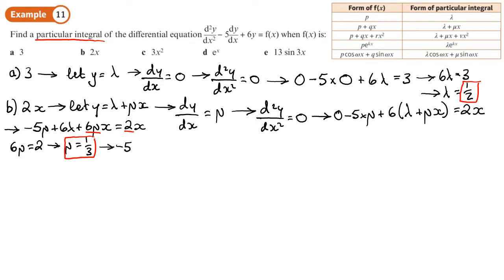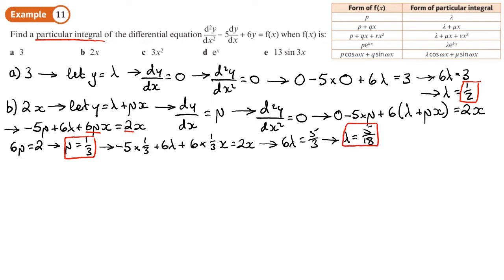Then I can substitute that into the equation. So minus 5 times mu, which is a third, plus 6 lambda, which we now need to work out, plus 6 times a third x equals 2x. Okay, simplifying that will give us 6 lambda equals 5 over 3, which will give us lambda equals 5 over 18.